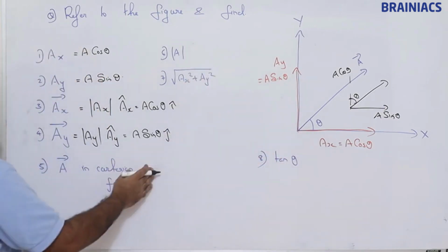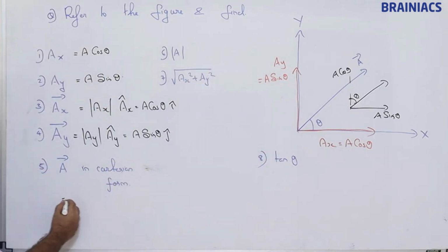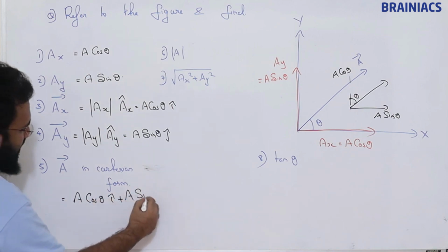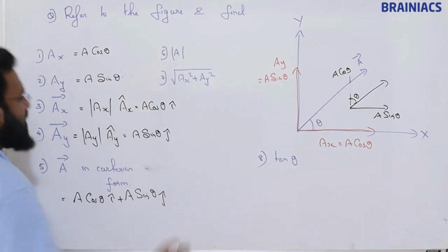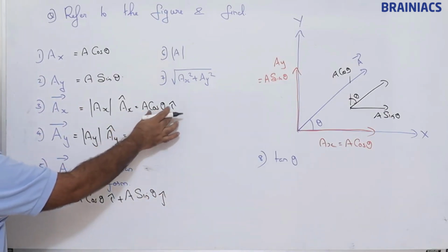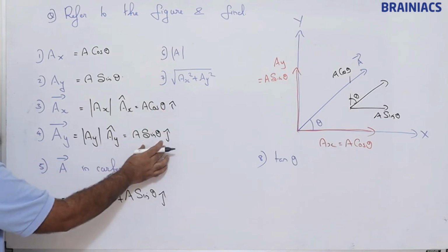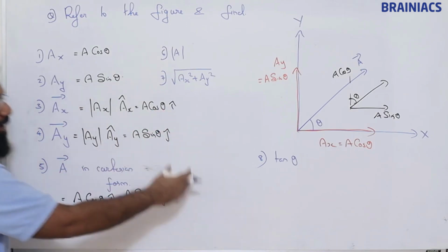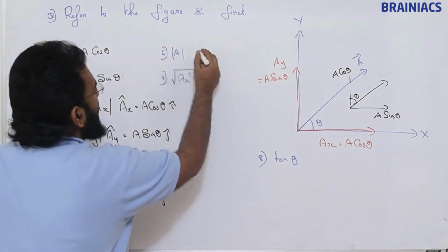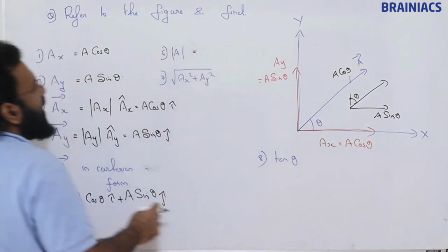So a in Cartesian form is nothing but a cos theta i plus a sin theta j. That's it. Its x component along with unit vectors plus its y component along with unit vectors. If a z component is there, that also we need to write. Okay, clear?